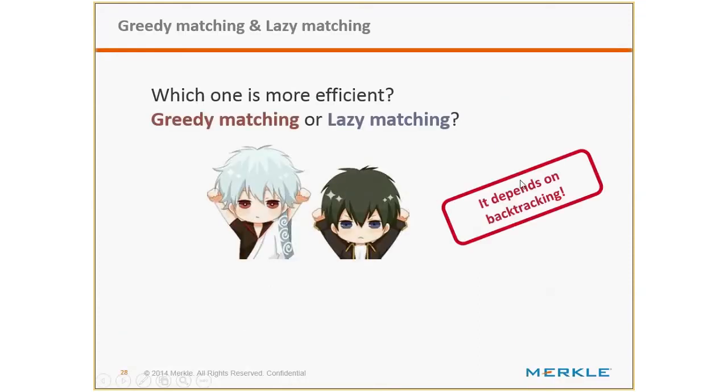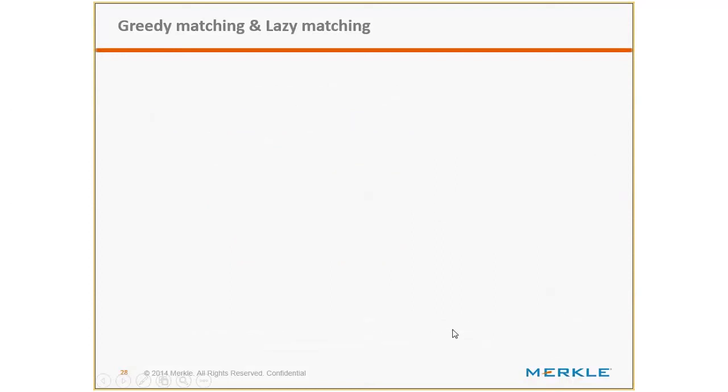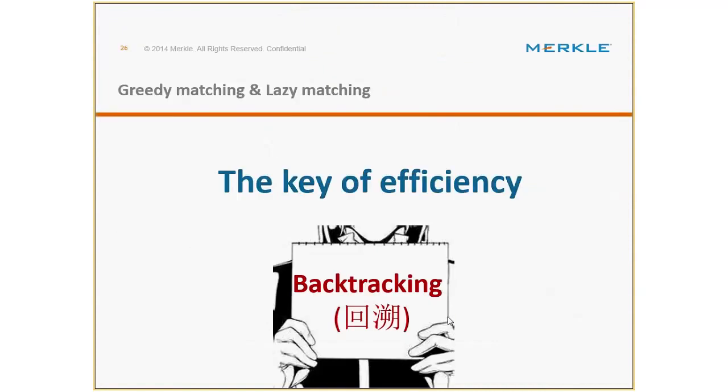It depends on backtracking clearly, and we can optimize it by making it optional between the greedy matching. You see, if the quotation and here do not match, so strictly, it's no backtracking. It will create one, just like the process of this.